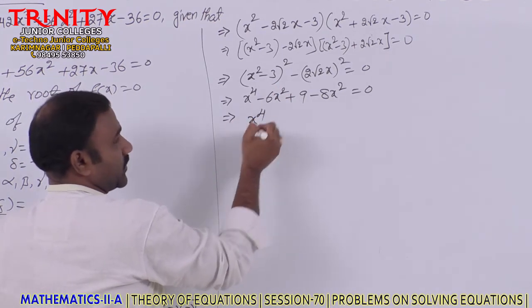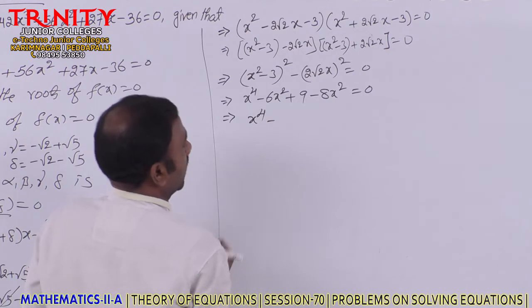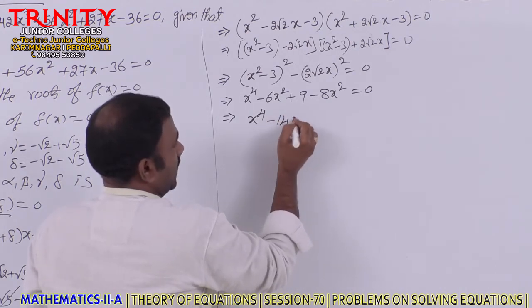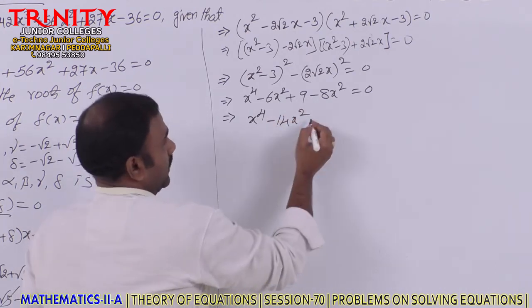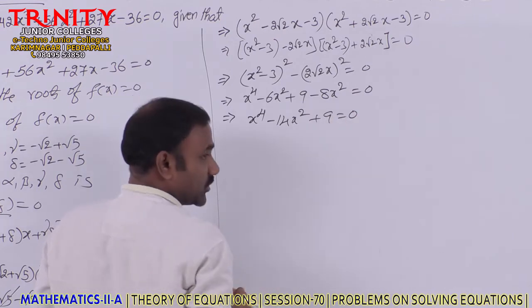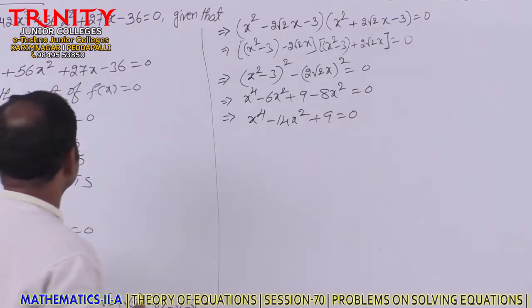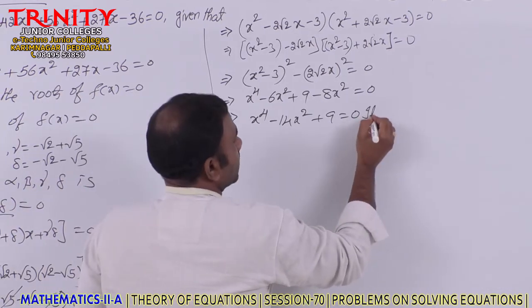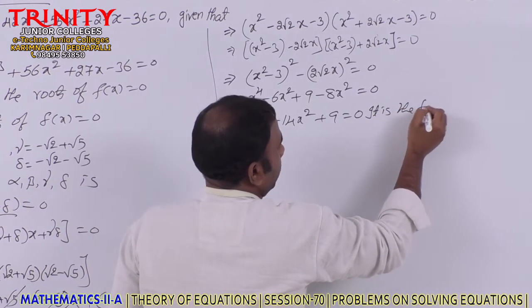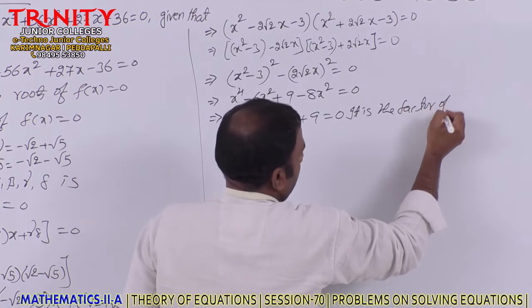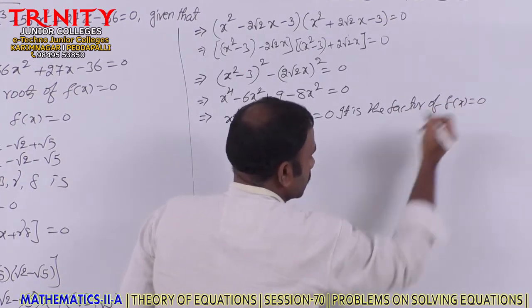Then it becomes x power 4 minus 14x square plus 9 is equal to 0, which is the factor of f of x equal to 0.